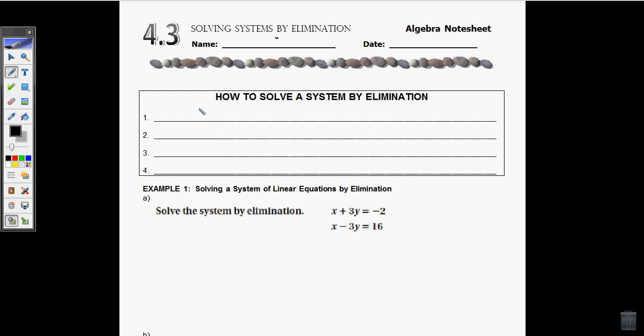Alright, the first step, and again, just like with substitution, these steps might not make a whole lot of sense for you until you've used them, but I'm going to give them to you right now anyway. So the first step is to multiply.